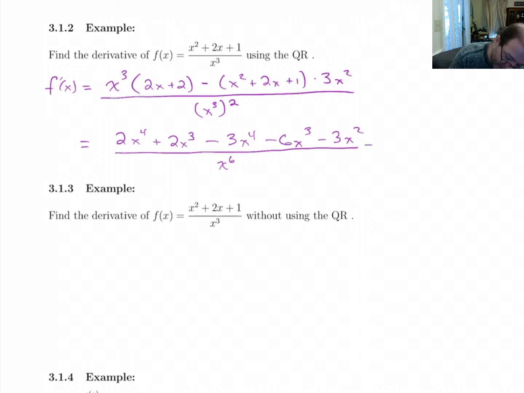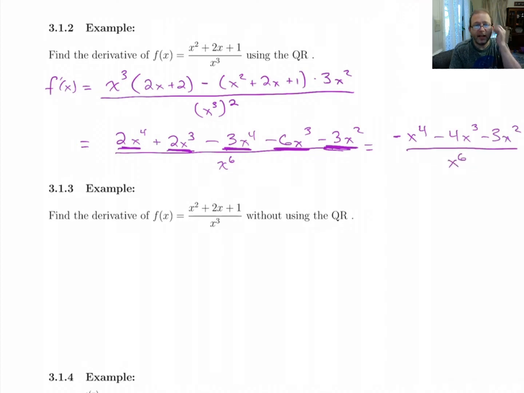So if I combine my terms, x to the 4th, x to the 4th, that gives me minus x to the 4th. My cubes give me minus 4x cubed. Then I get minus 3x squared over x to the 6.